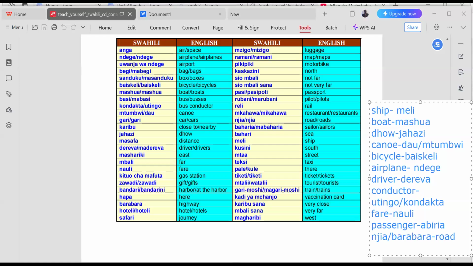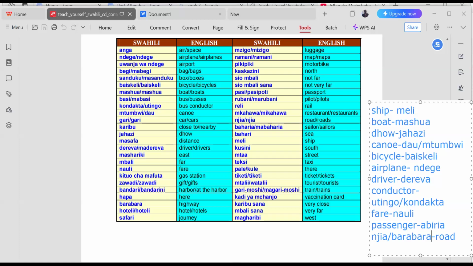Njia gani? So you say, natumia hii njia. That's actually a barabara. It's basically which route. But the initial understanding of njia is the small panya routes, the small roads, the small diversions in between. So that's what njia is.